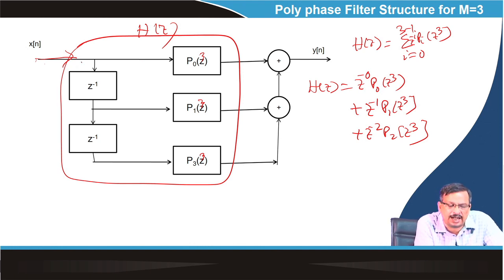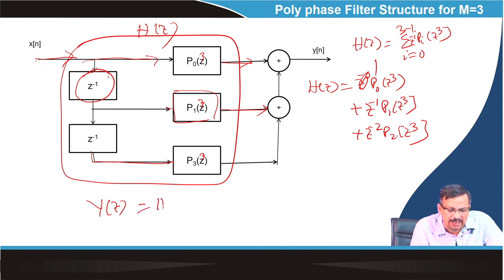How do I implement it? p0 z will directly pass. The z to the power 0 is nothing but 1, and then delayed by one sample, z to the power minus 1, I implement p1 z, done. Then z to the power minus 2. Why is it coming? Because I know Y(z) is equal to H(z) into X(z).